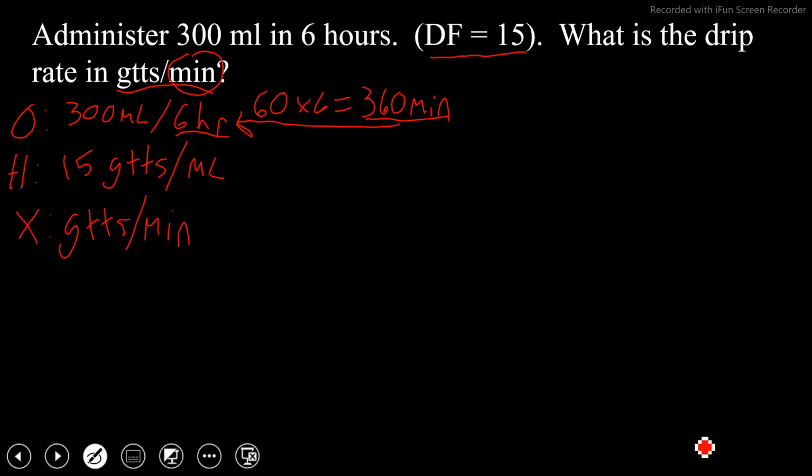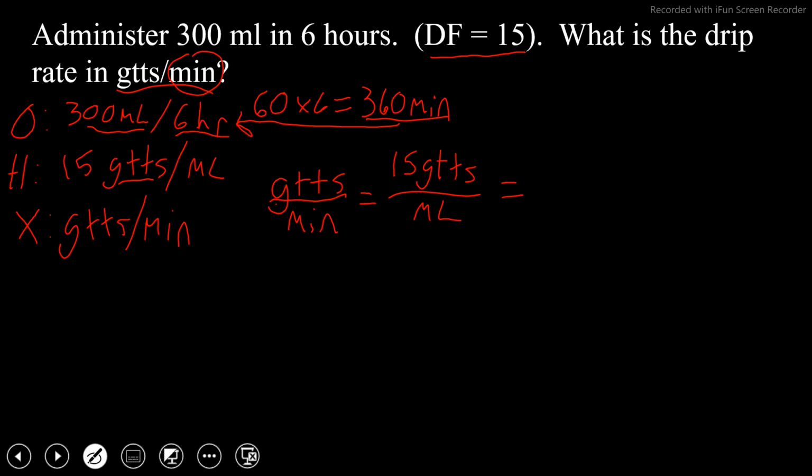So we'll start here, drops per minute, because that's what we want, equals, we're going to find something that has drops in it, found it there, so up here first we have drops per mL, times, so we need to get rid of that mL, so we have the 300 mL here over the 360 minutes.